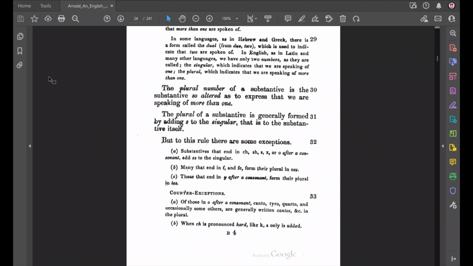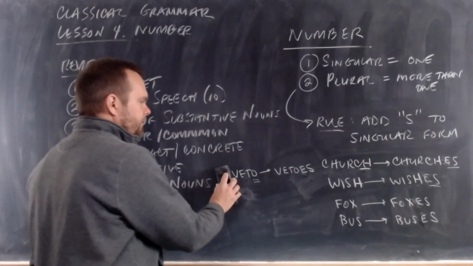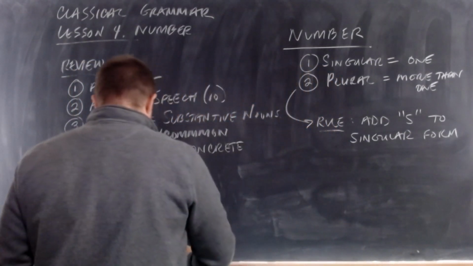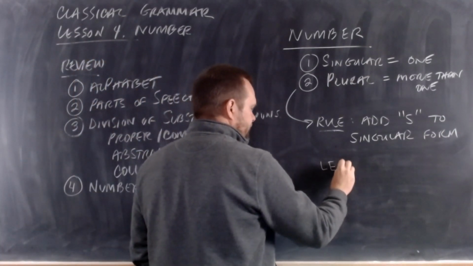Many that end in f and fe form the plural by adding ves. What that actually means is that the f is turned to a v, and then es is added.